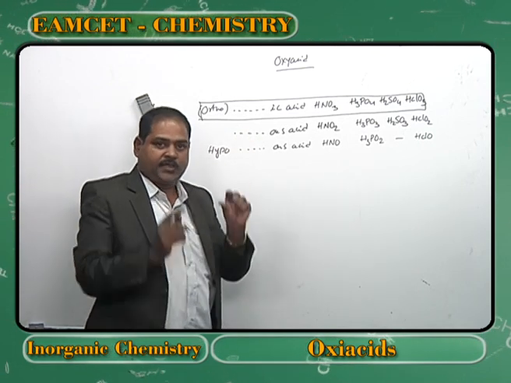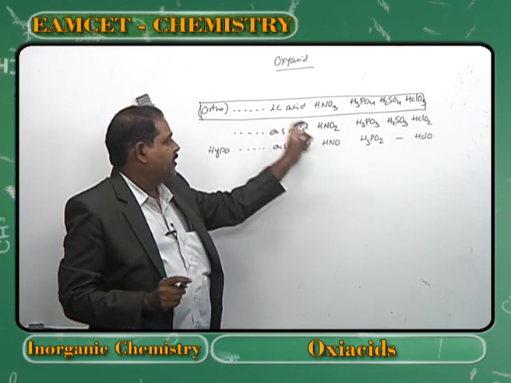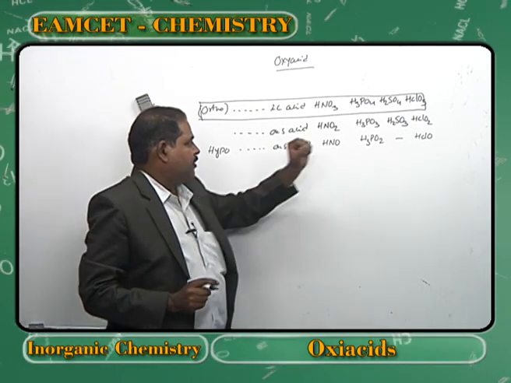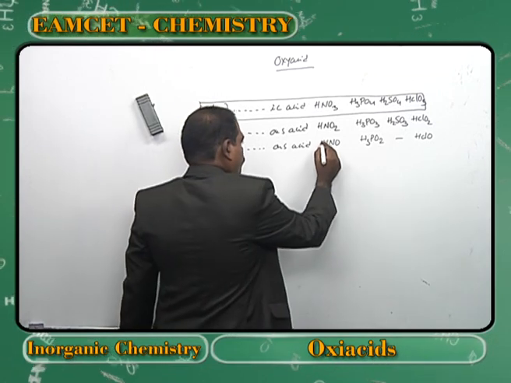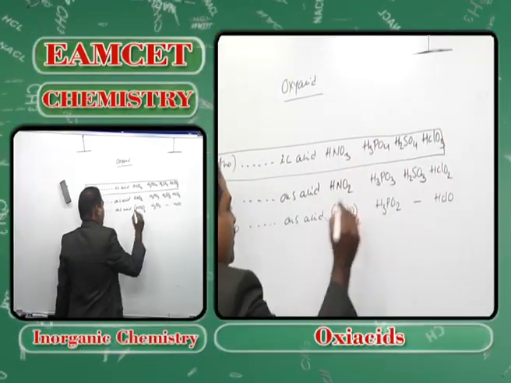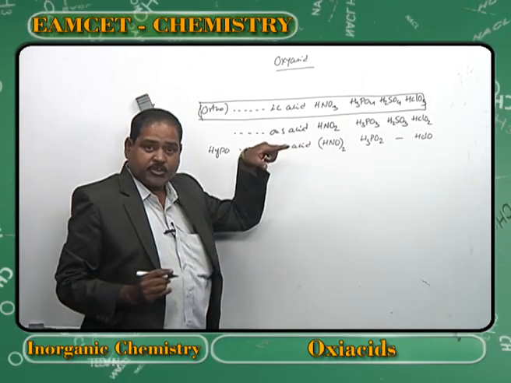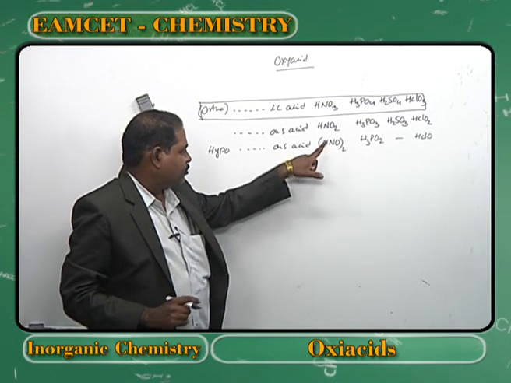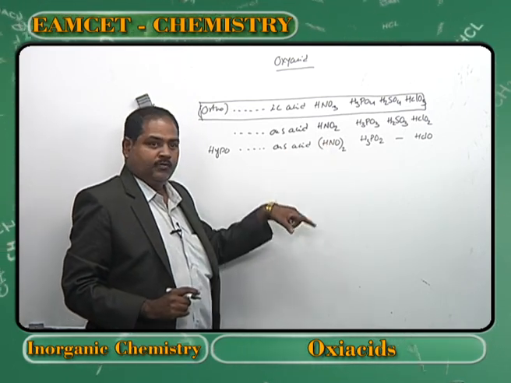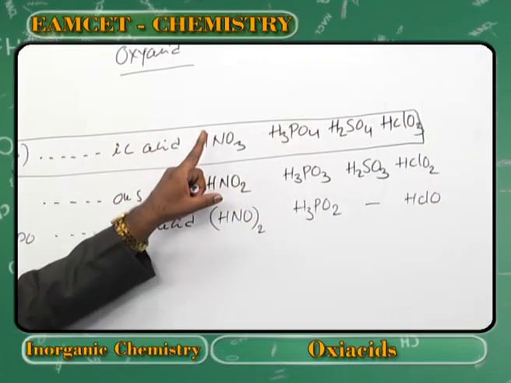Hypophosphorus. The three parts of the word should be pronounced properly to understand the name of the compound. This one is hypochlorous acid. And HNO, of course, exists as a dimer, HNO twice. So, the formula of hyponitrous acid is just not HNO, it is HNO twice, that is H2N2O2, the formula of hyponitrous acid.